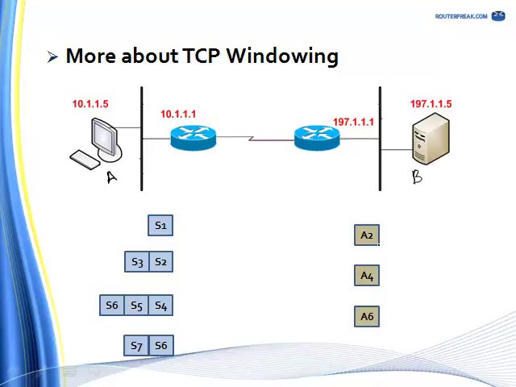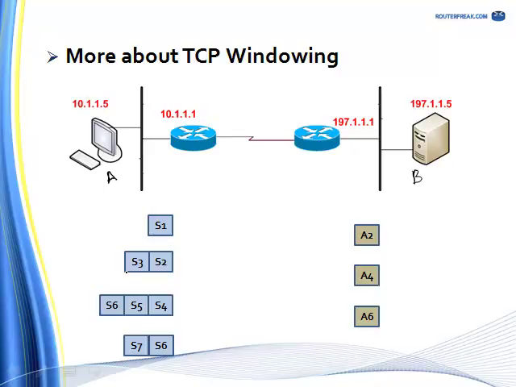Computer B is going to get that, and he's going to acknowledge. He's going to acknowledge with what? He's going to acknowledge with a number 2, because that's the sequence number he's next expecting, right? So he received 1, he's going to acknowledge 2.